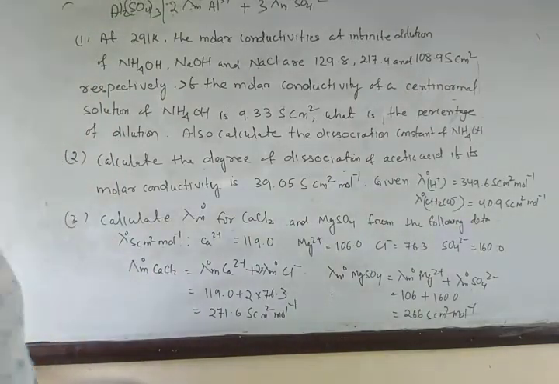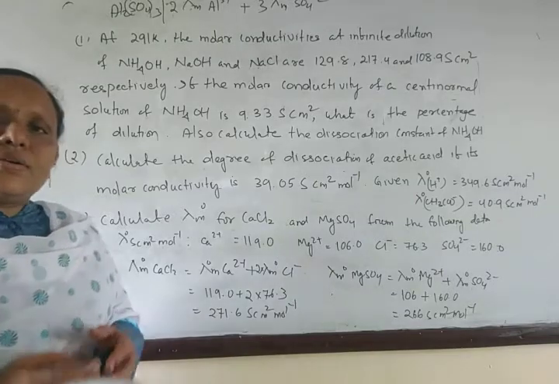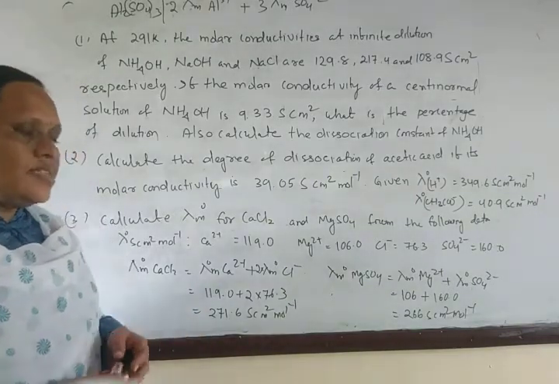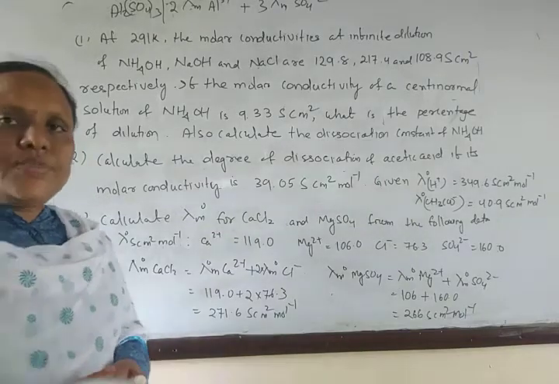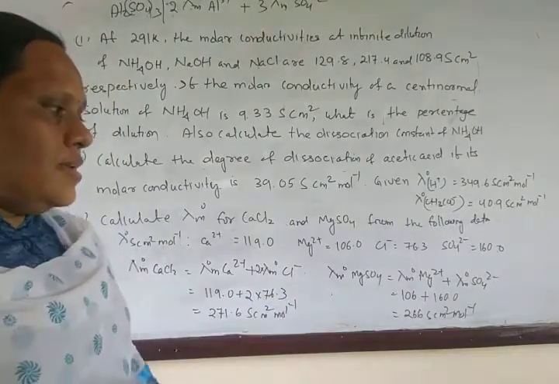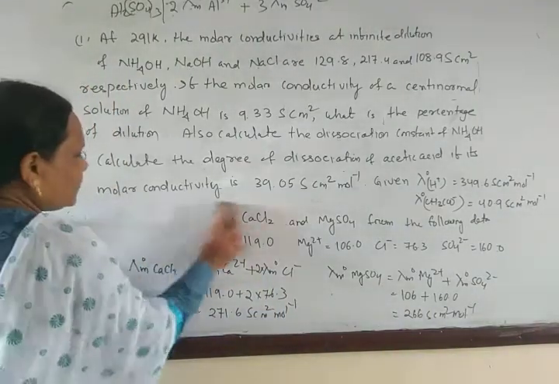So in this way you can determine the molar conductance. If the equivalent conductance is given, then just find out the equivalent conductance of each ion, then just add them. The question is given in molar conductance, so I have written in molar conductance. Next come to question number 2.